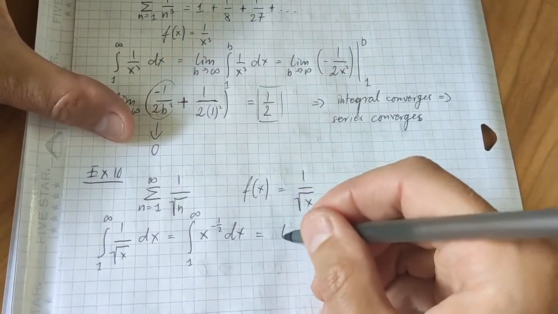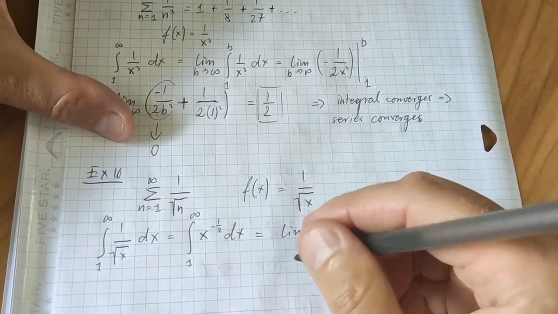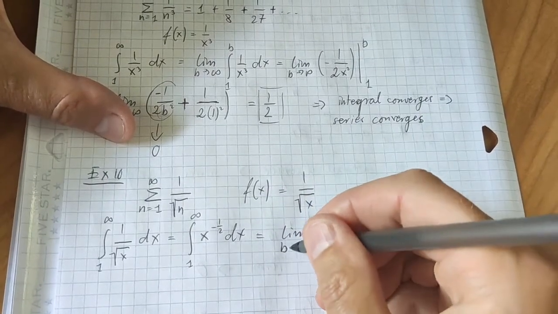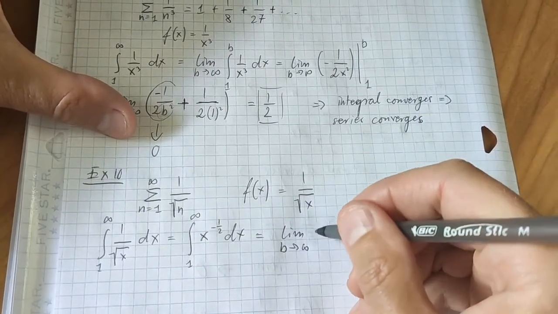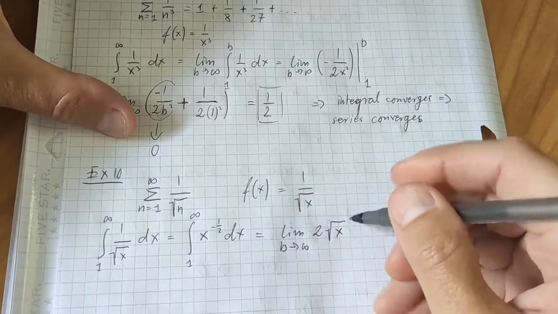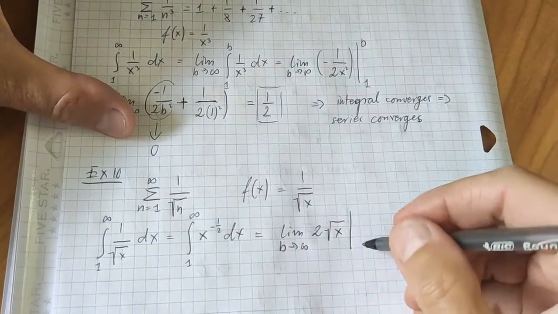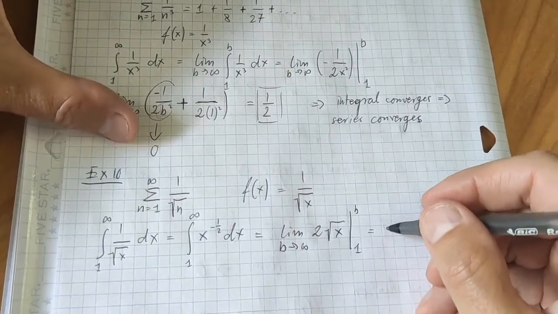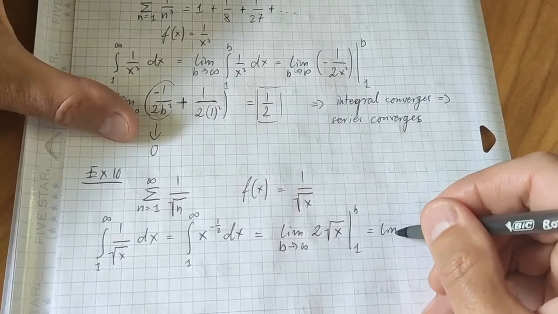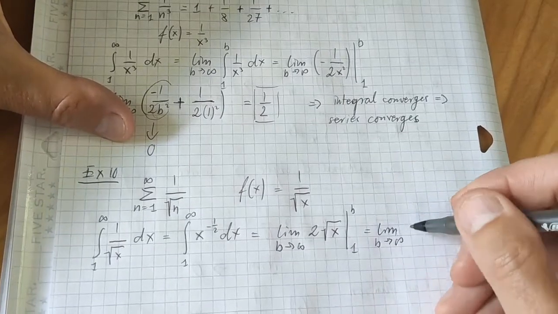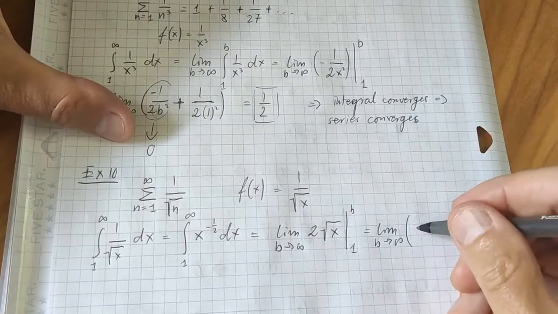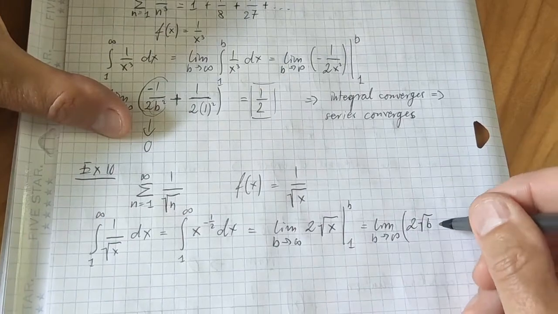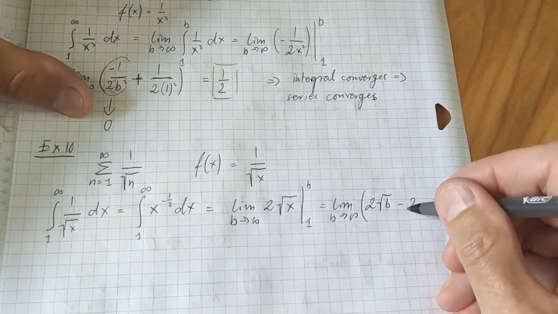Then I find the antiderivative, and that's just going to be 2 square root of x. Okay, and the limits of integration are 1 and b. I plug them in, so I have the limit with b approaching infinity of 2 square root of b minus 2 square root of 1.